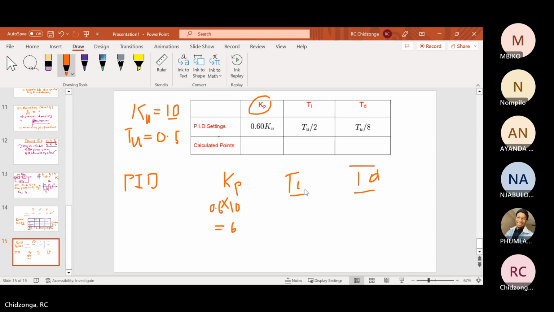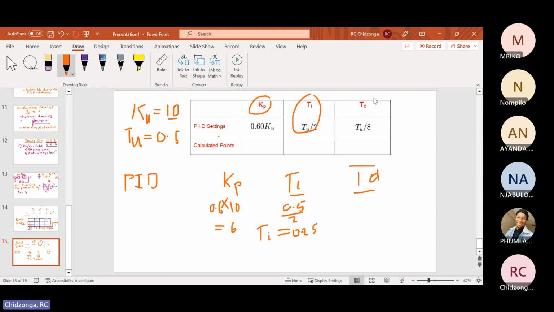This one, the integral, according to this, says set it to Tu divided by 2. But Tu is 0.5, so it's 0.5 divided by 2, which is 0.25. In other words, in my PID controller, the Ti must be set to a value of 0.25.